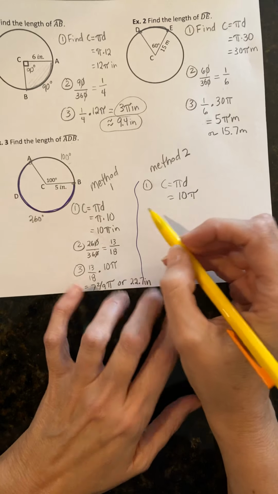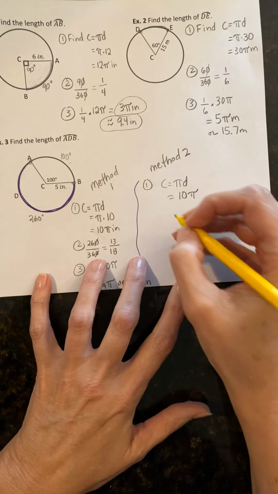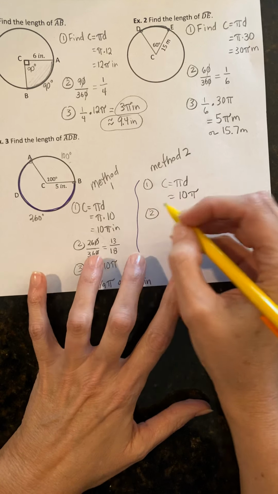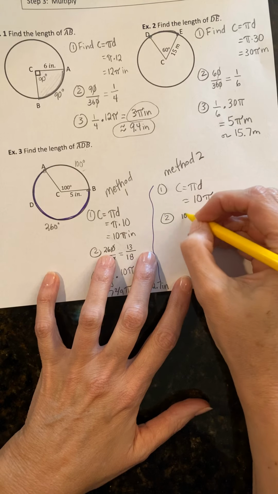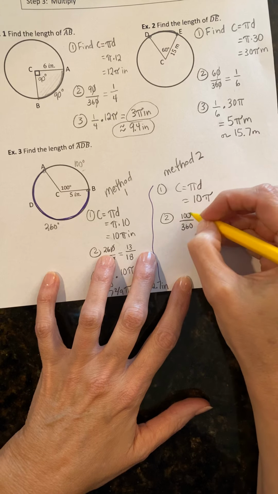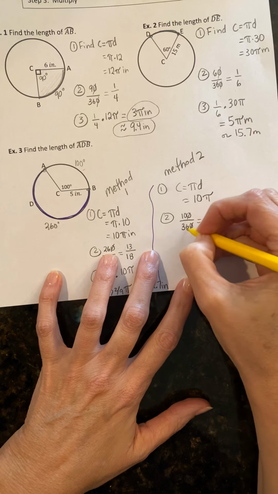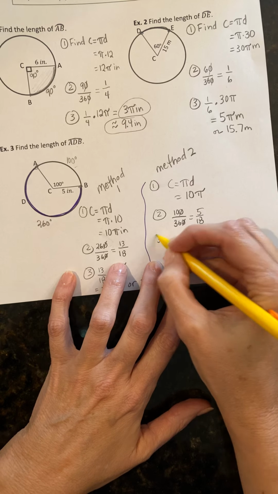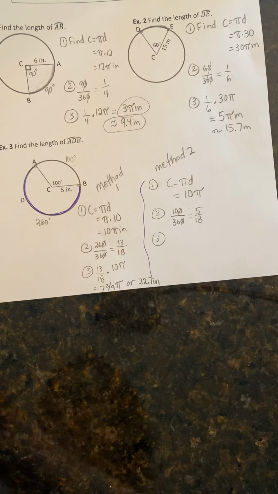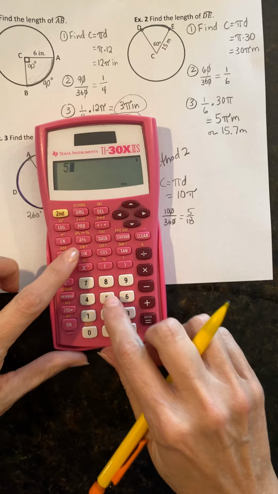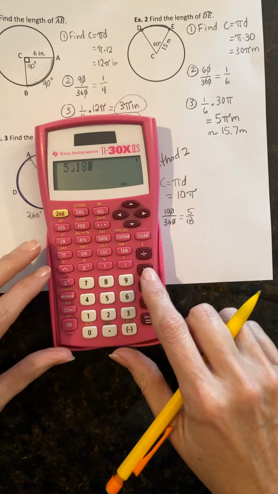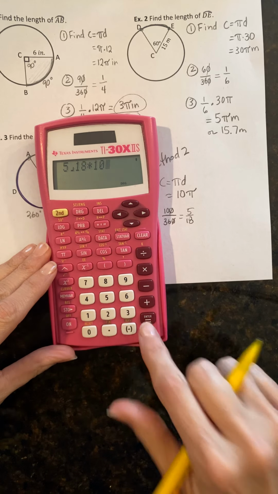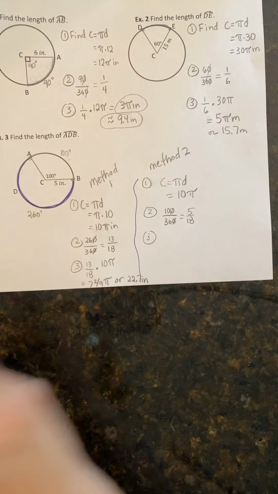So you still need that circumference. And then the minor arc is 100/360ths, which reduces to 5/18. And when you find 5/18 of 10 pi, you get 2 7/9.